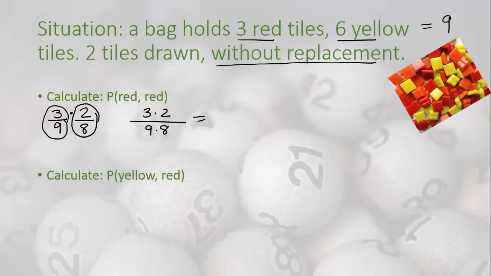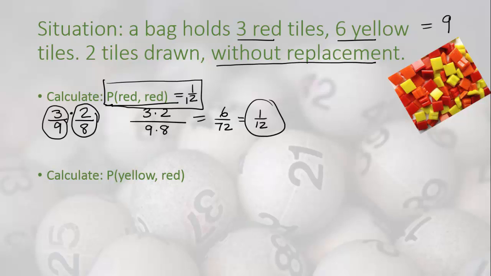Either way, it comes out the same. I'm not going to do any cross-reducing, but I encourage you to reduce wherever you can. I just want to focus on the probability. So this is 6 over 72, and that reduces down to 1 out of 12. That's the probability of this. Remember to write both of those in your answer. So probability of red, red equals 1/12.